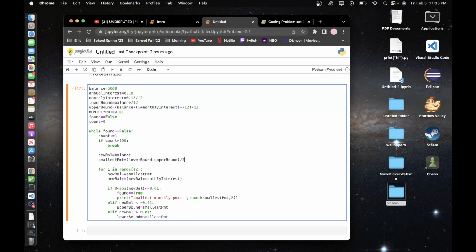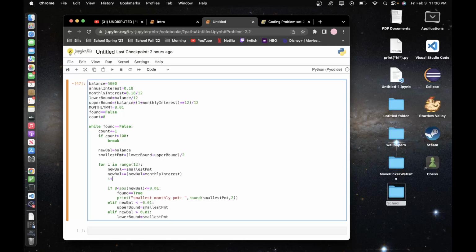That doesn't even make sense for that to be there. What am I doing? So this is going here. Oh. It's not even printing anything.